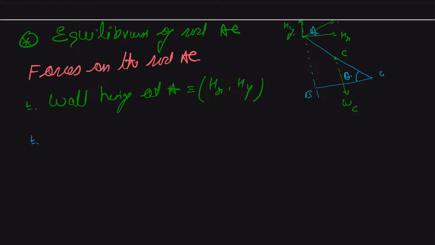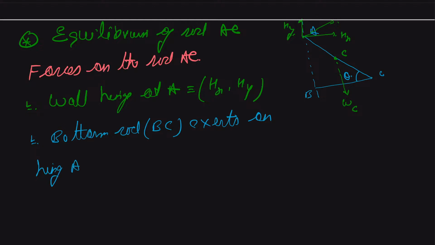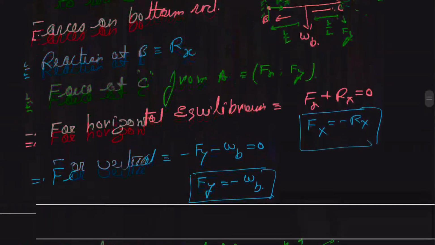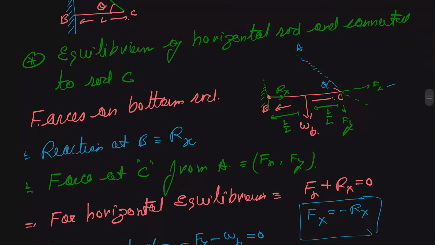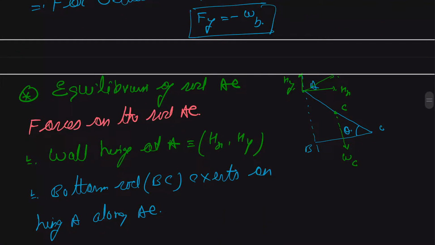Okay. So you can say that bottom rod BC exerts on hinge A along AC. So obviously its direction will be just opposite to these two, F of x and F of y. So we can just take their opposites.